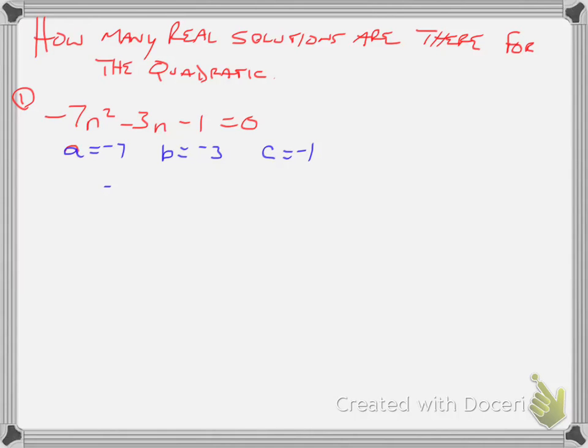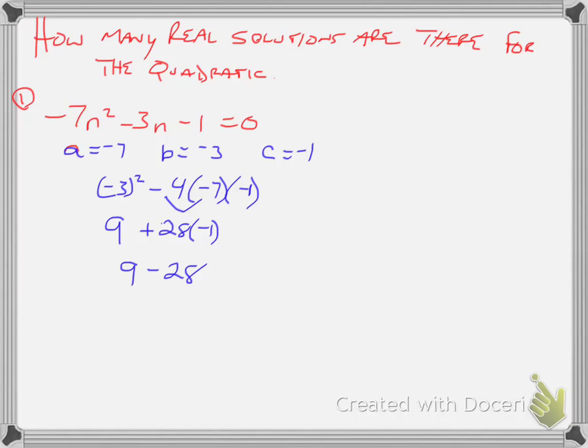So I do B squared, -3 squared, minus 4 times A times C. So -3 squared becomes +9. -4 times -7 is going to be a +28, but I still need to multiply that with -1, so that becomes a -28, which means the discriminant of this is -19, which means there are no real solutions because it is negative.